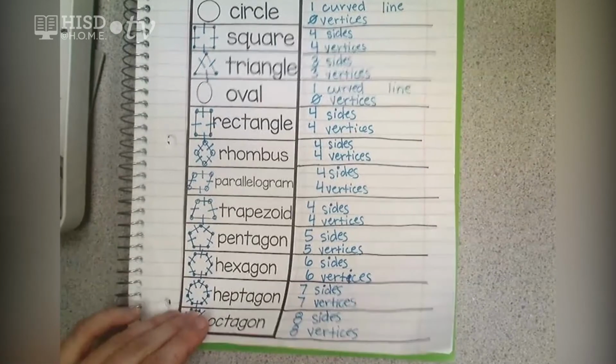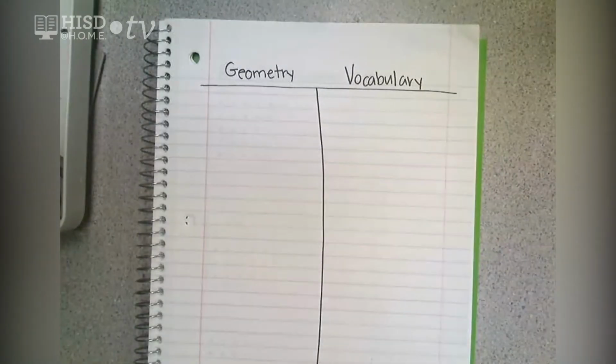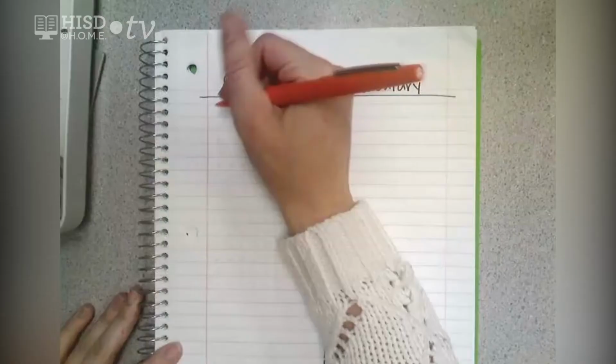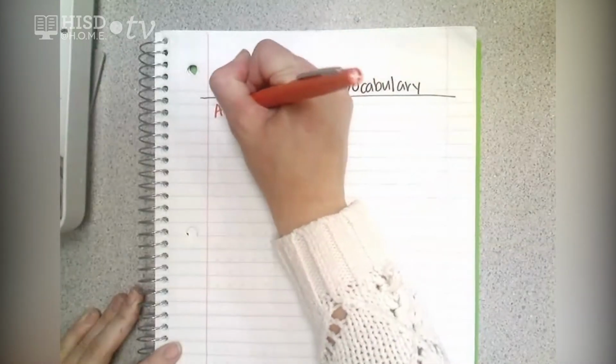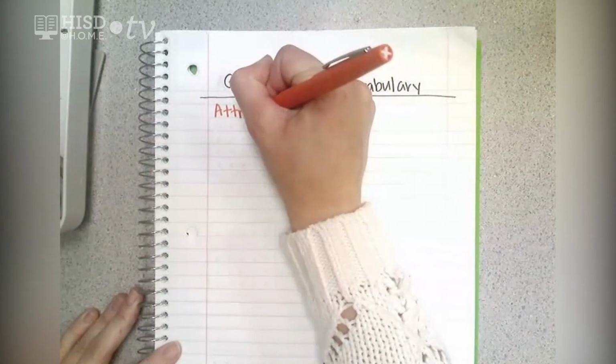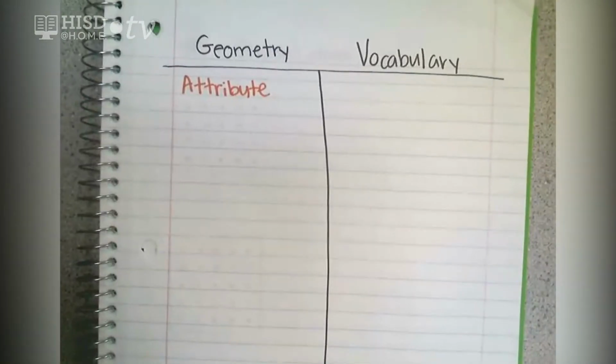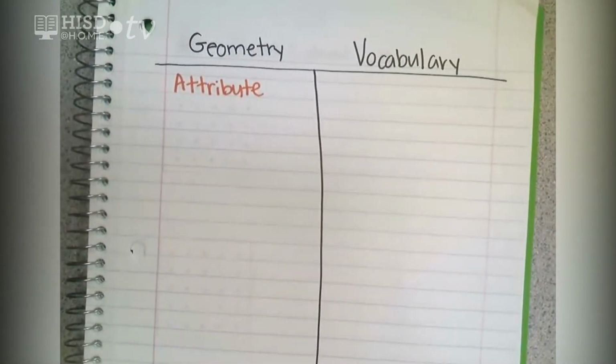All right, let's go over some vocabulary before we get too far into this. One word that we saw in our objective today is the word attribute. An attribute just means it's a characteristic of an object. It's another word for saying a characteristic, right? We use that word in reading, right? We say characteristics of different parts of the story and stuff like that.